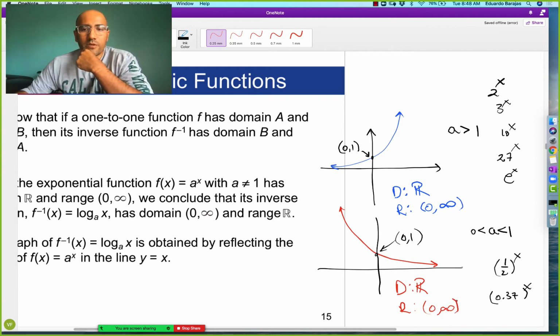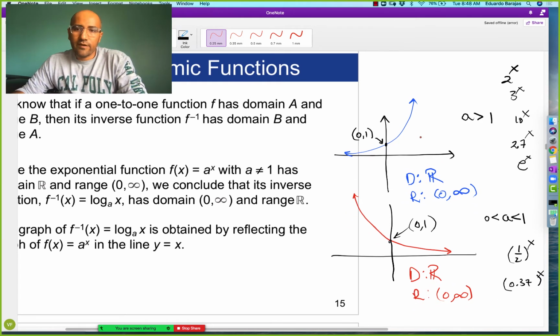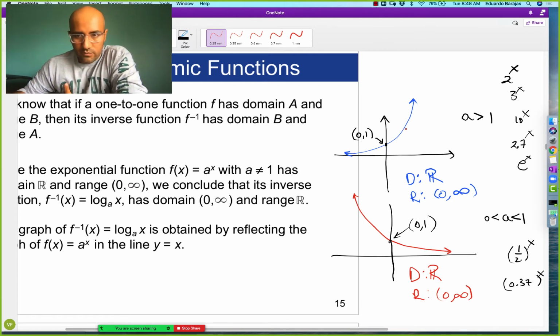Good. Questions? No? Okay, so if we have a function that's going to reverse all the inputs and outputs, right? It's inverse function, then the inverse function is going to flip these things around. It'll be a new function where the domain is from 0 to infinity and the range is all real numbers.